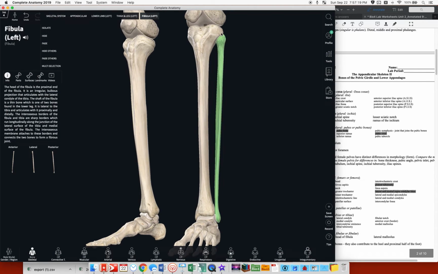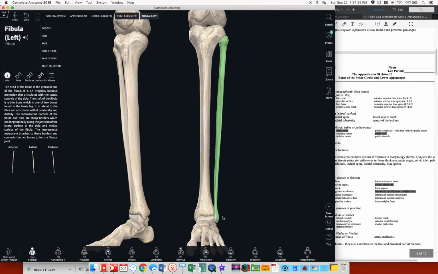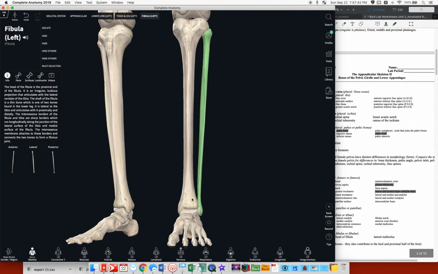Those articulating facets point medially, which lets you determine how it is associated with the tibia. Since these facets are here, the tibia must be here, therefore this is the left fibula.